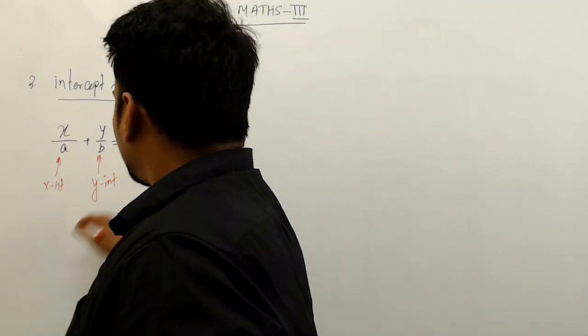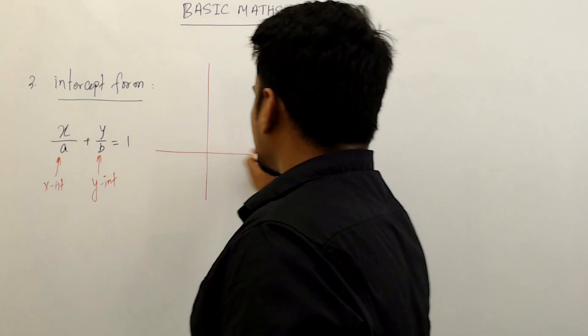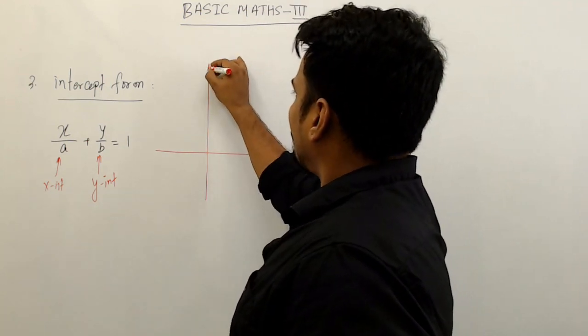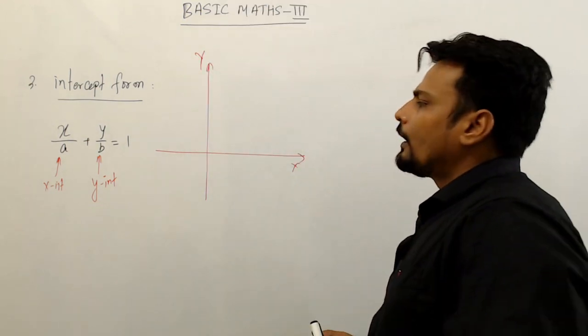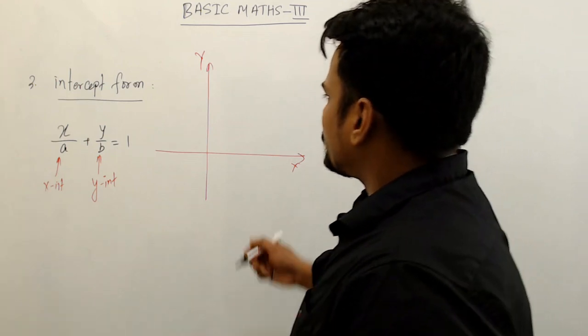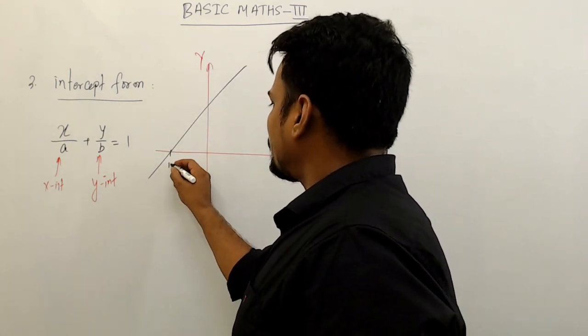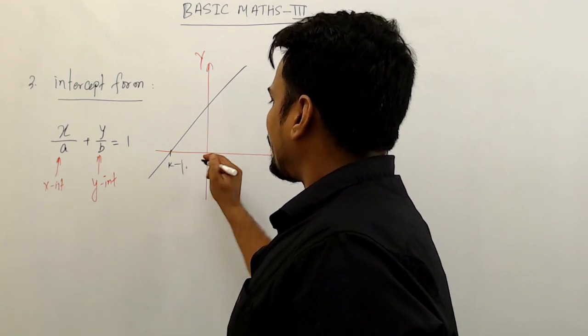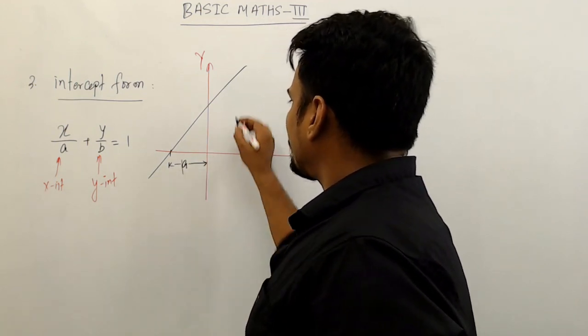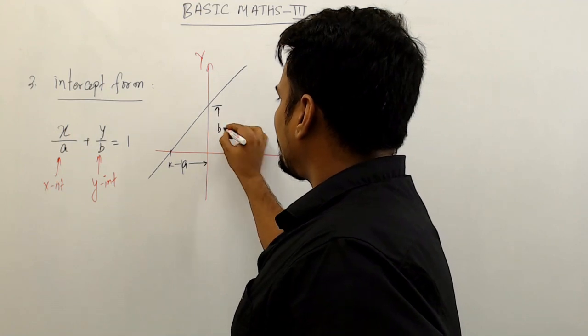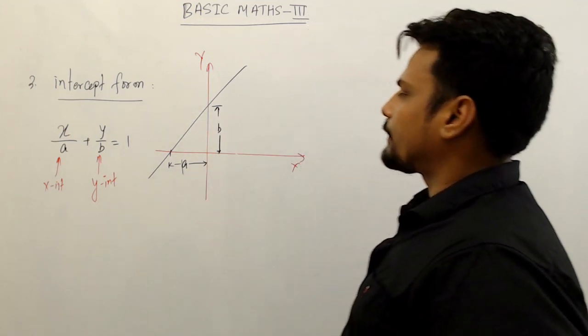Well, the line should be like this. Here we have the x and y axis. It could be anything. Let me just have a general line, maybe like this. So this length, my dear, is going to be your a, that is your x-intercept, and this is going to be your b, that is your y-intercept.